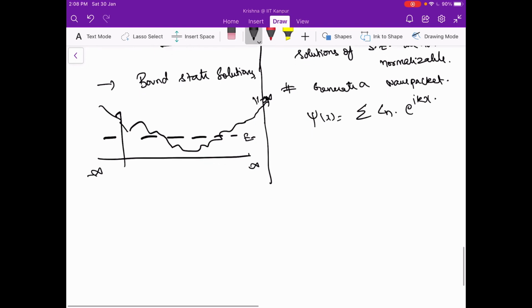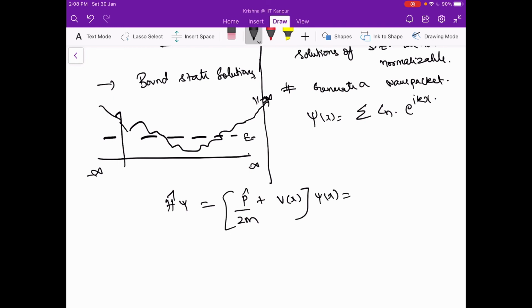Right. So for both these situations, we can always write the Schrodinger equation as H hat psi, that is, the kinetic term plus V of x acting on psi of x should give you E of psi of x.